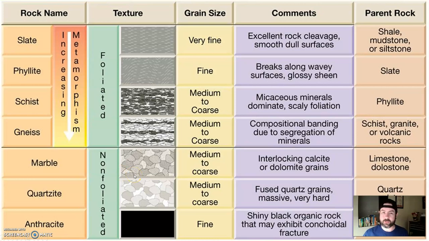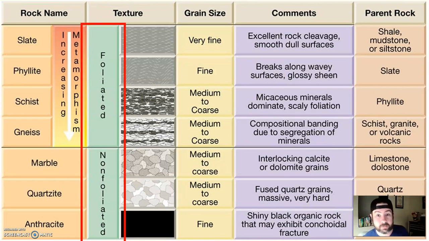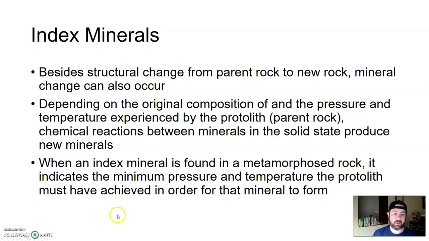So those make it a little bit harder to identify. So the very first thing you do when trying to identify metamorphic rocks is look at their texture. Is it foliated or is it non-foliated? And most of these rocks we will look at in lab.